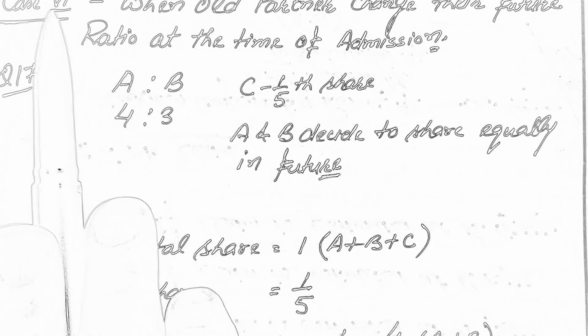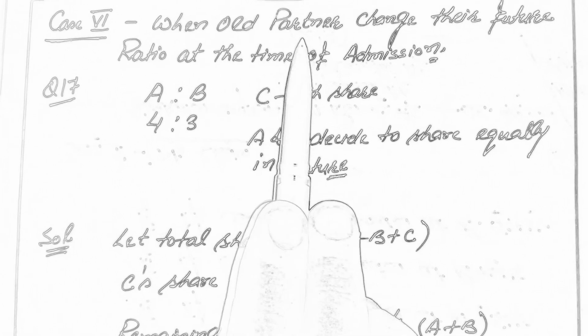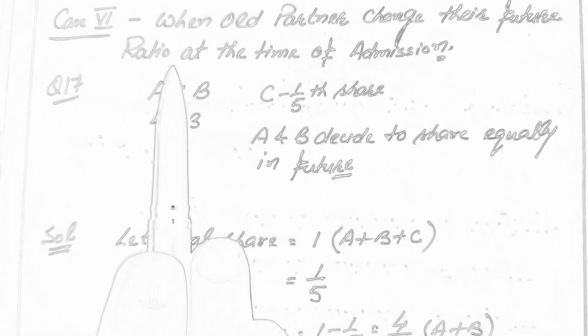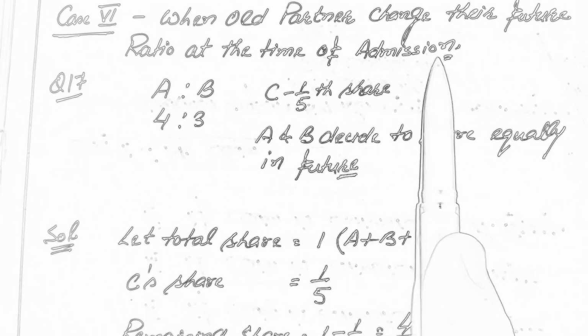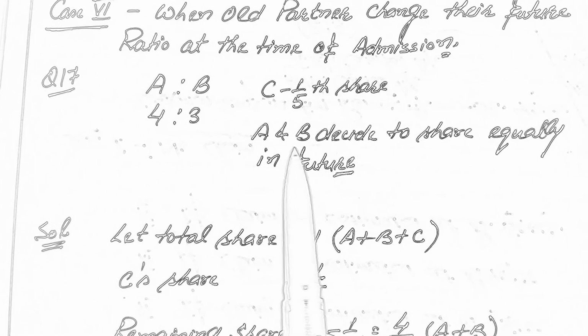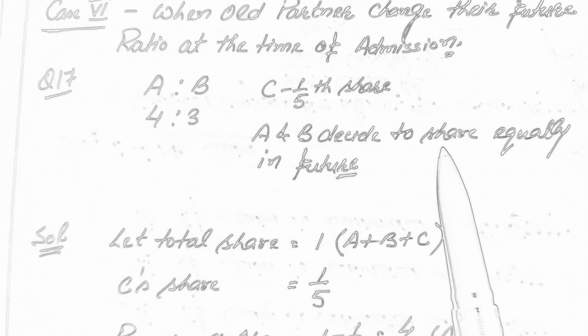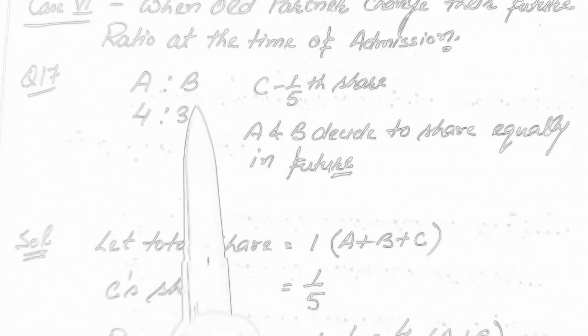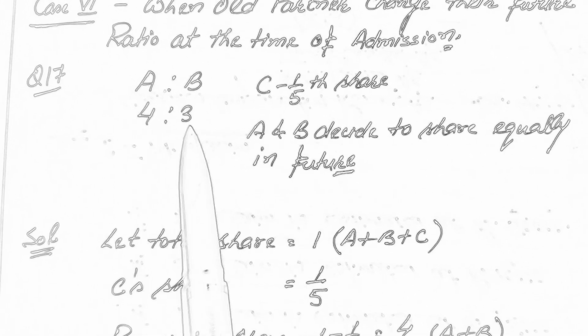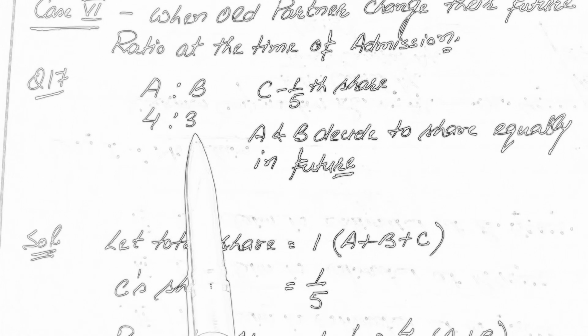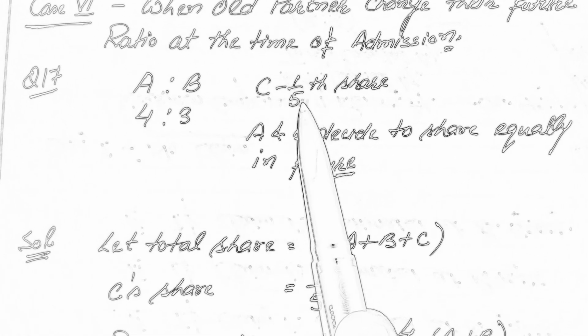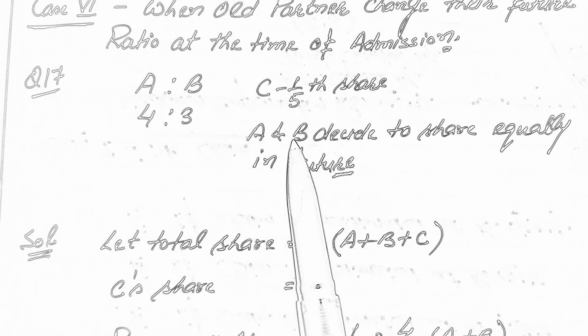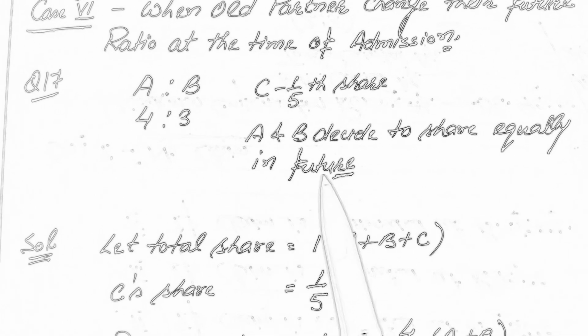So this is case number 6, when old partners change their future ratio at the time of admission, and in this case A and B decided to share equally in future.